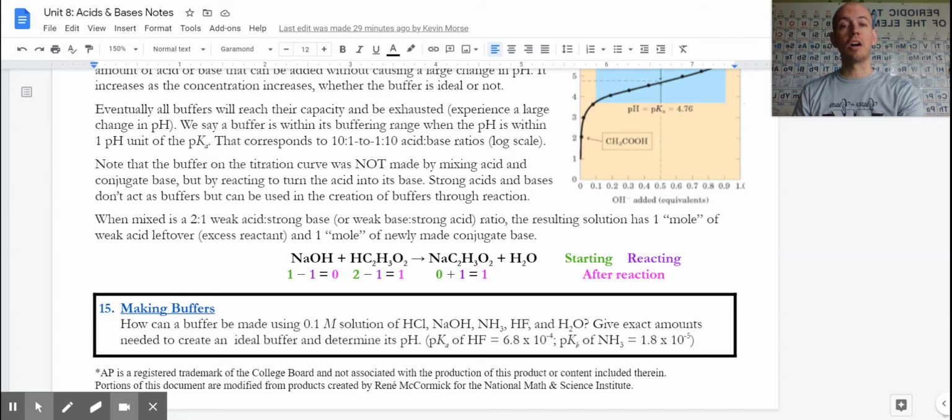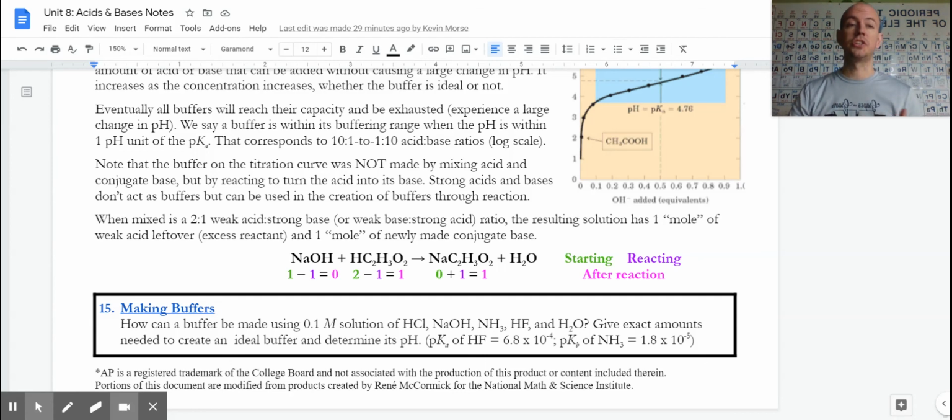Remember, any strong acids or strong bases themselves are not buffers, but they can react with something weak to turn it into our conjugate. And when we end with a solution that's a combination of weak acid and its conjugate base, or vice versa, that is a buffer. So acid-base equilibrium as a whole has a lot going on.